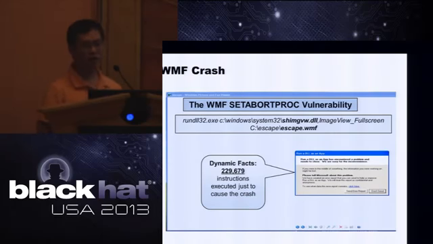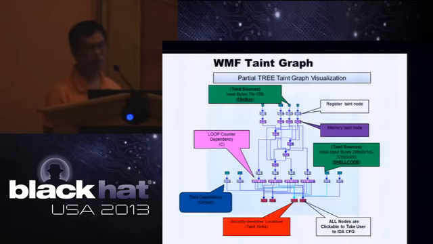So we chose one way to trigger this vulnerability with the WMF file we crafted. The particular command line we use is on the top. An interesting fact that we noted is that between the time the program started reading the file and the time the program crashed, there were 229,000 instructions executed, just for the simple scenario.